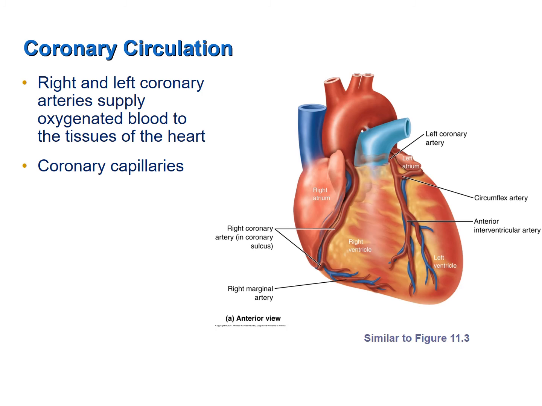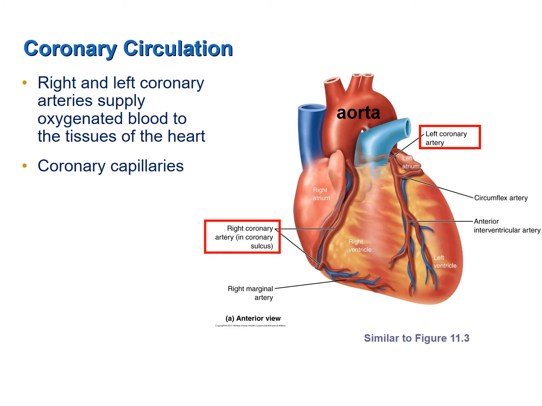Instead, the heart has its own coronary circulation. Oxygenated blood is delivered to the tissues of the heart by the left and right coronary arteries. These arteries branch from the aorta, which is an artery that carries oxygenated blood to the systemic circulation.